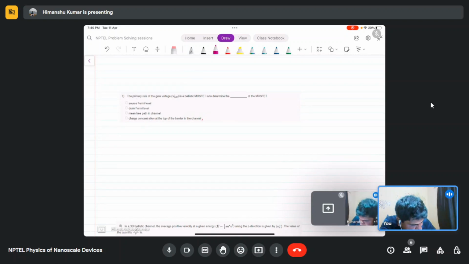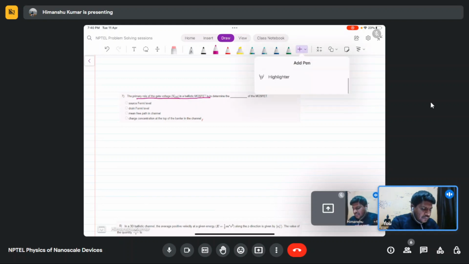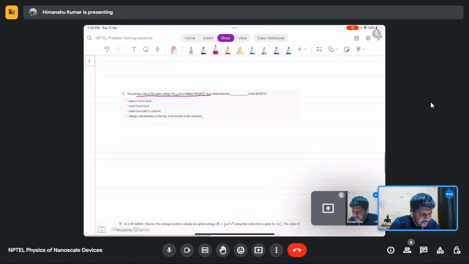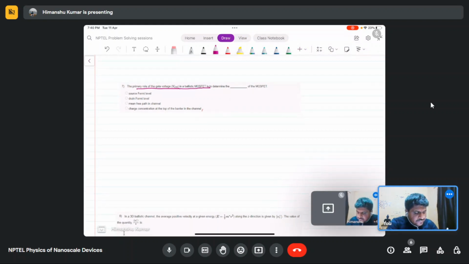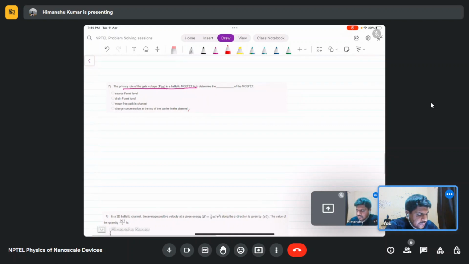The primary role of gate voltage in the ballistic MOSFET is to determine, yeah, so basically even in the ballistic MOSFET, or even in the normal MOSFET, what happens is, when you apply, so this is the source, this is the drain, and let me draw like this.